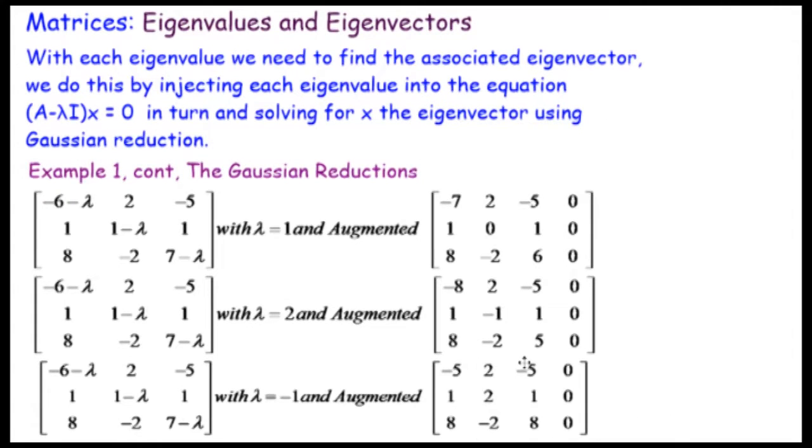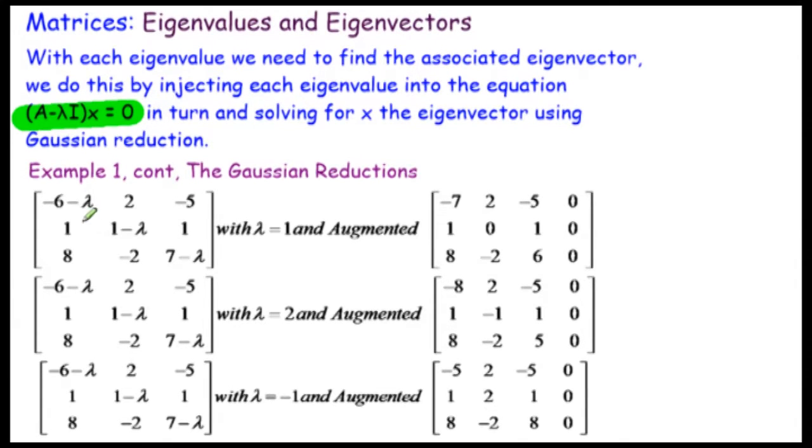Now we've got these eigenvalues, 1, 2, and minus 1, and we need to put them back into the equation here. The easiest way to say it is to substitute them in turn into this particular equation.